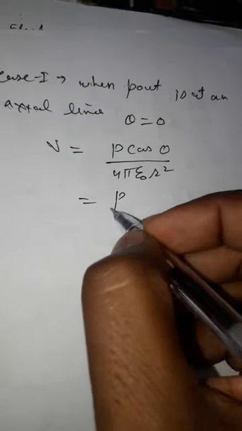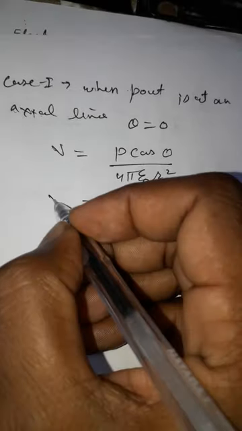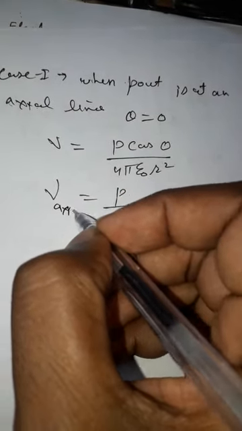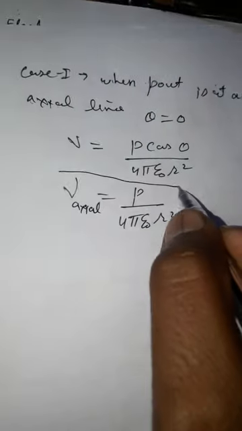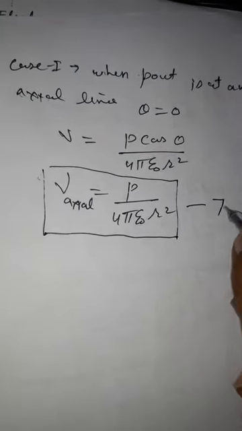Cos 0 is 1, so it becomes p upon 4 pi epsilon naught r square. It is represented by V axial. Say this is equation number 7.